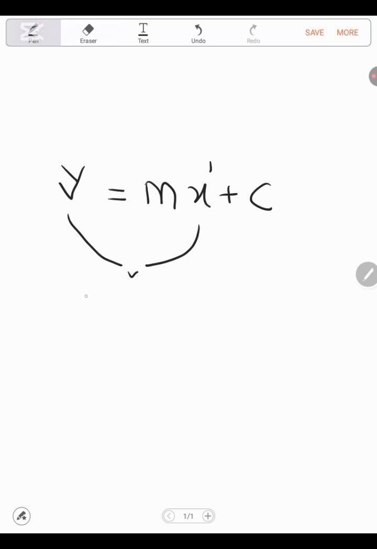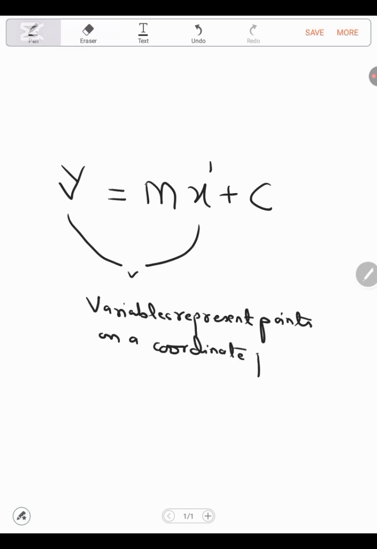They are the variables that represent points on a coordinate plane.